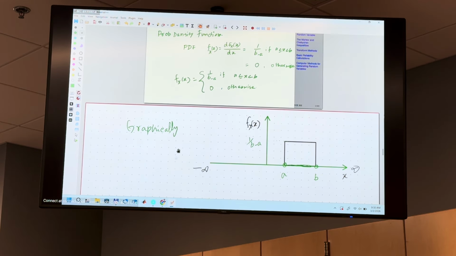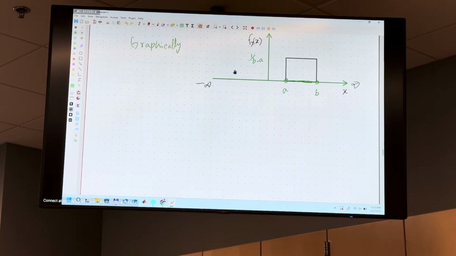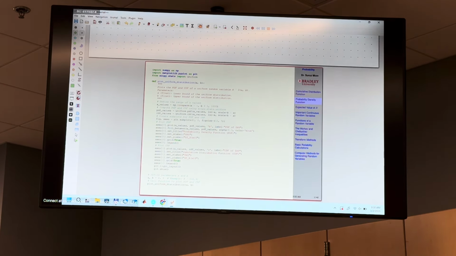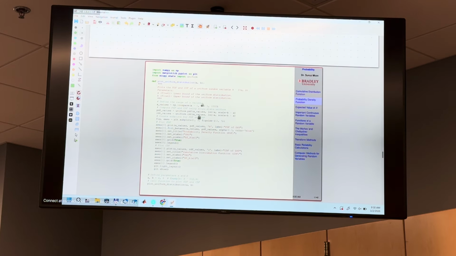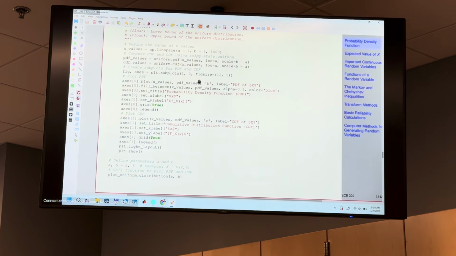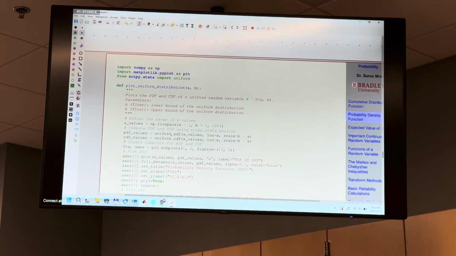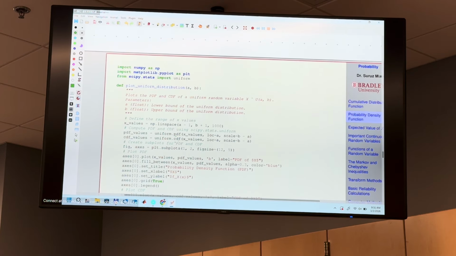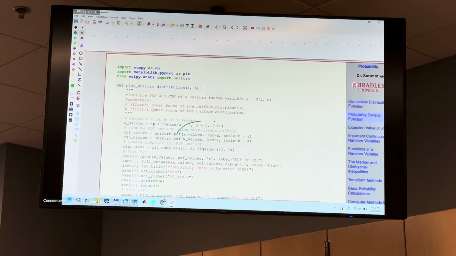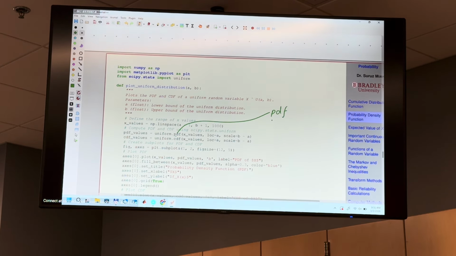So again, this is fundamental. Actually here I have a simple piece of code, and you know that from this picture very well. It's basically the same code that I copied from earlier, where you can use uniform.pdf and uniform.cdf. So the only addition you have is the PDF, the probability density function.